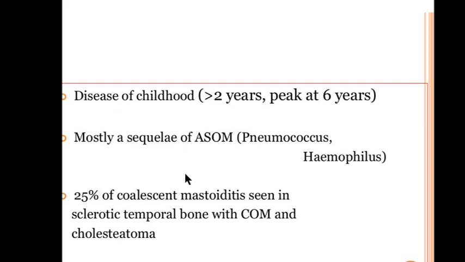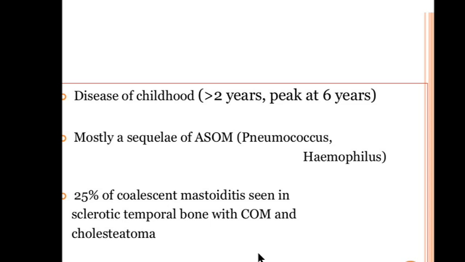Commonly seen in children. It can be seen as a sequela of ASOM also, and 25% of coalescent mastoiditis is seen in sclerotic temporal bone. Now what is this? This is nothing but a theory to explain the etiopathogenesis, how it is developing. See, I told you, there is a normal distribution. Some people have more of pneumatic or cellular mastoid, more of air.